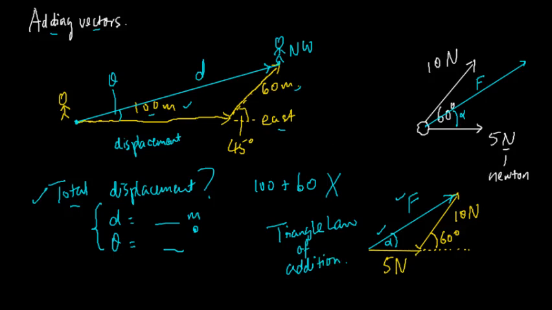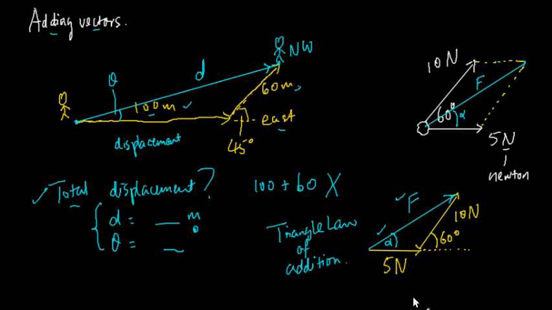Now there is another way in which, instead of drawing the two vectors head to tail, I can draw them tail to tail. In which case, instead of having a triangle, I would take these two arrows to be two sides of a parallelogram. I would then complete this parallelogram by filling in the other two sides, so this side is parallel to this side, and that side parallel to that side.